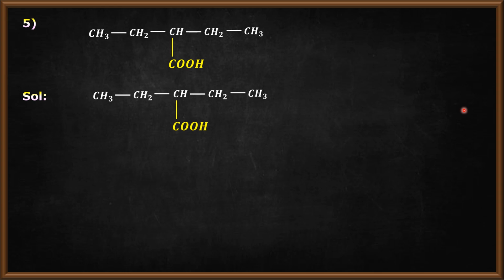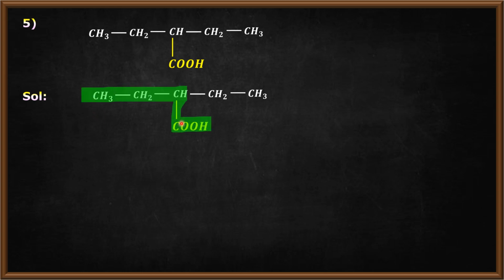Next, problem number 5, solution. This is the parent chain, and the functional group present in this is the carboxylic acid, COOH. This functional group is a chain terminating functional group, so the carbon atom in that functional group must be assigned number 1.